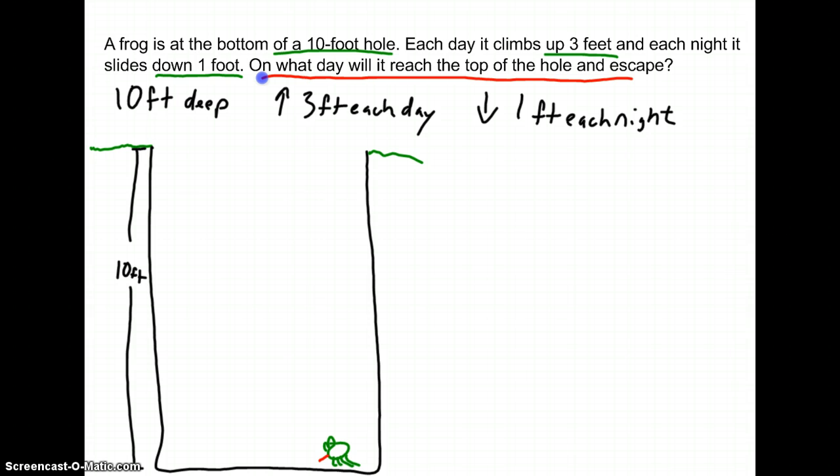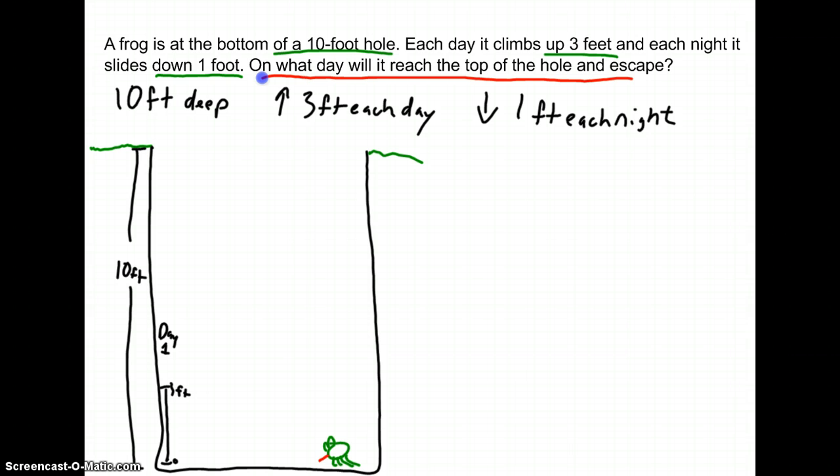Alright, so now we know that the frog is going to climb 3 feet each day. So day 1, we're going to start at 0, and then we're going to go up 3 feet. So we know at the end of day 1, we're at 3 feet.